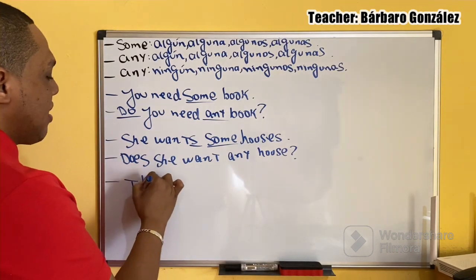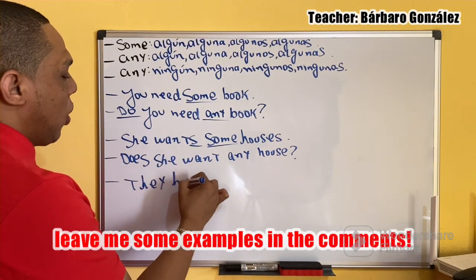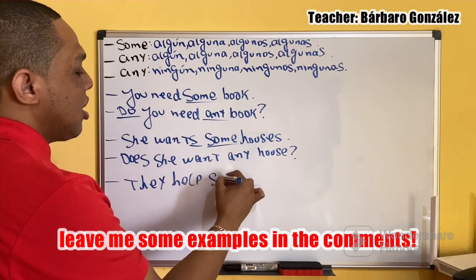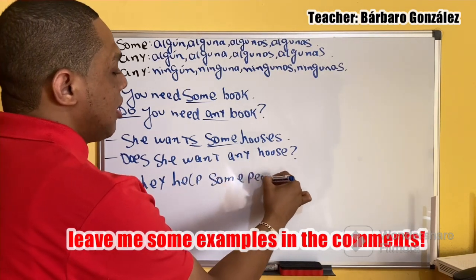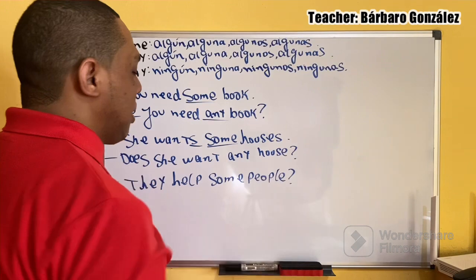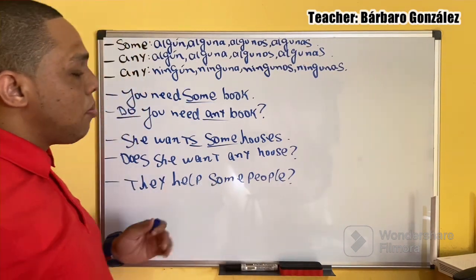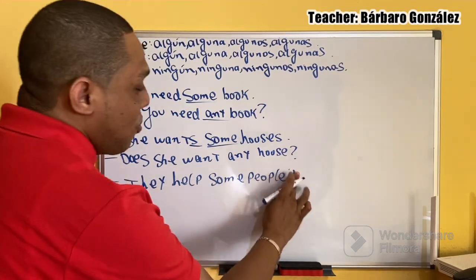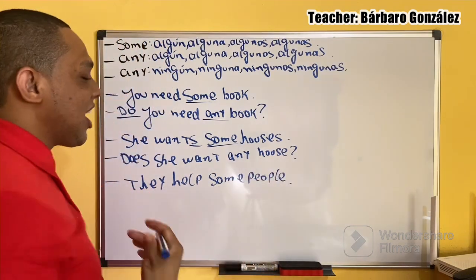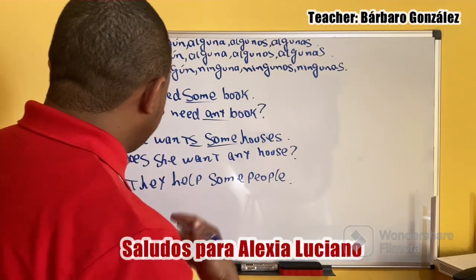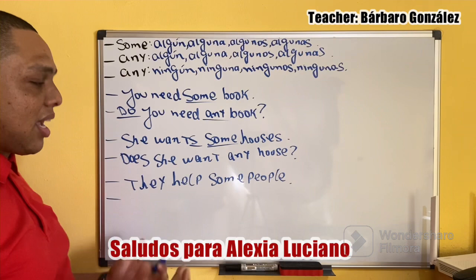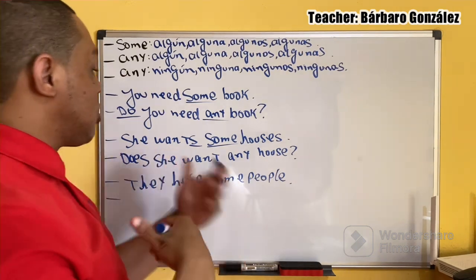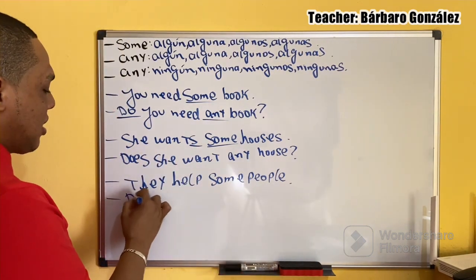For example, we can do another one. We can say they help some people. In this case, I use some because this one is affirmative. But if it's the same sentence as an interrogative, then I ask by using the auxiliary.